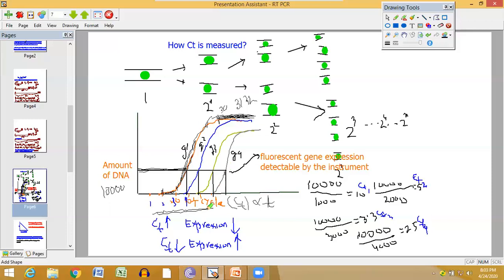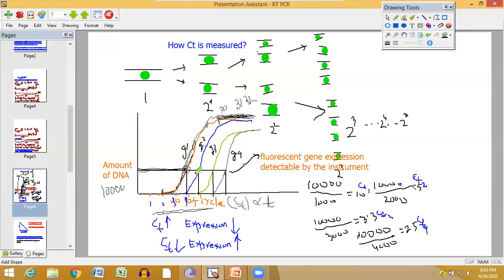So what does it mean? It means that the gene which is taking a lesser CT, which is taking fewer cycles to reach the same amount, was initially expressed at a high value. I'm again repeating, the gene which is taking fewer cycles or lesser CT to reach the same point was initially expressed in a higher amount.